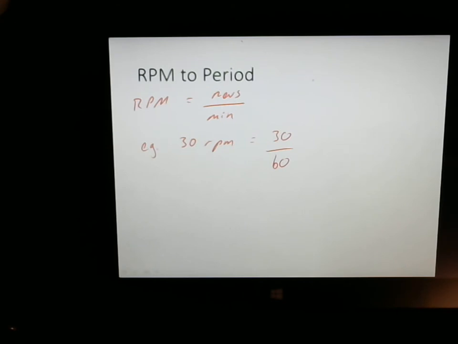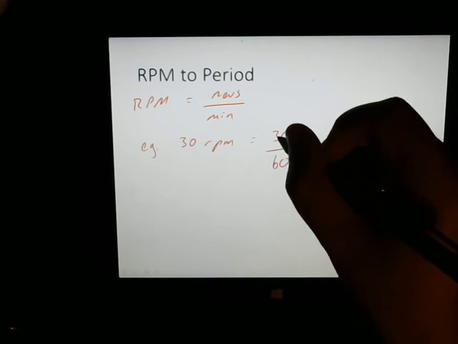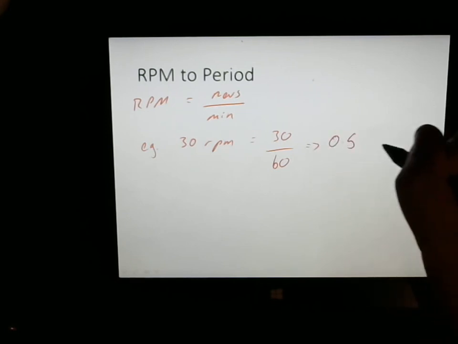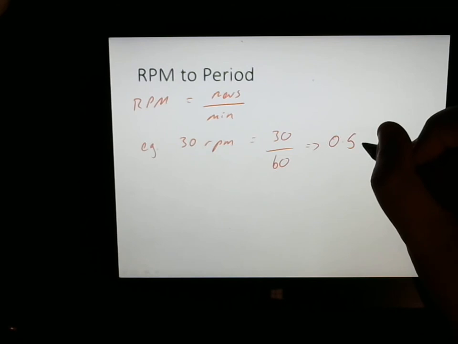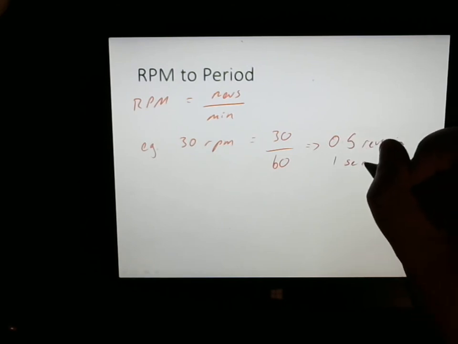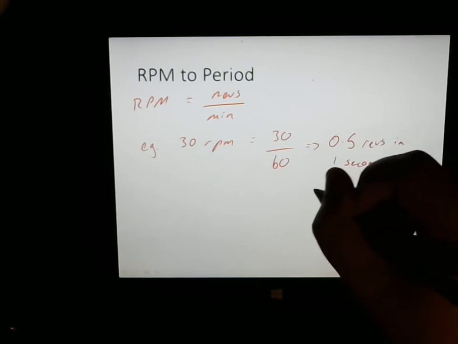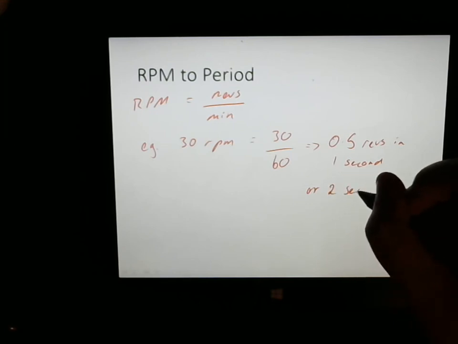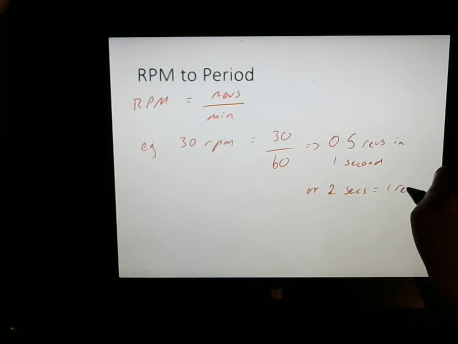If I have it as 30 over 60, that means the time it takes to do one revolution, and I need this per second, is going to be 30 divided by 60. Therefore that becomes 0.5 revs in 1 second. Or, if we flip it, 2 seconds equals 1 revolution.